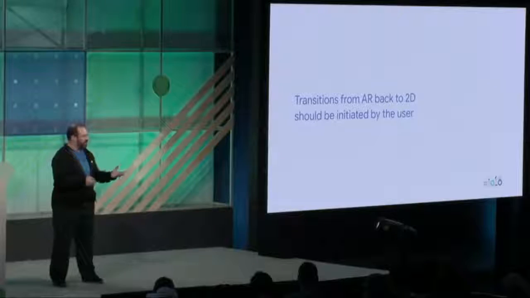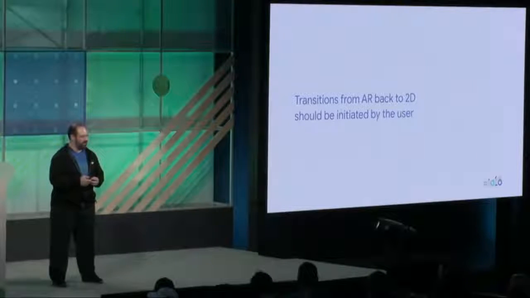So we talked about using the view in AR icon to get people into the experience and transition from 2D into AR. But you also want to be very careful about the opposite, when users are now in AR and they're transitioning back to a 2D experience. One thing we found is if the user is not initiating that action to go back into a 2D experience, it can be pretty obnoxious because they're so focused out in the scene.